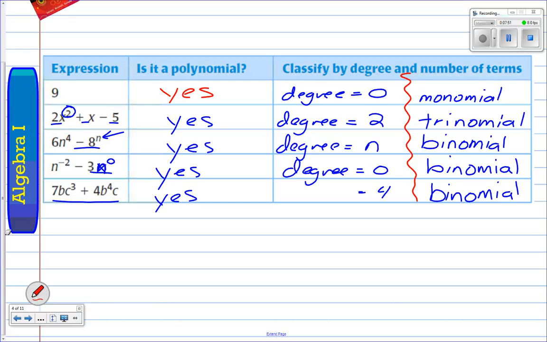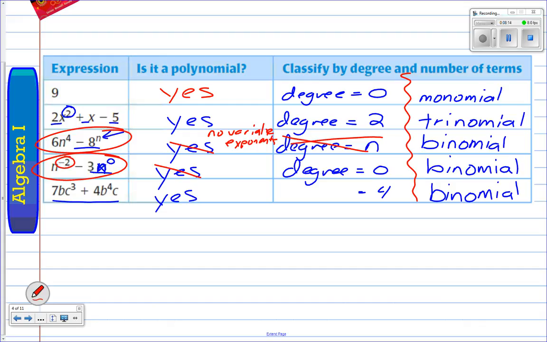Now I need to backtrack a little bit. We said that these 2 were polynomials. No, that's actually wrong. I did not mention another caveat or an exception to what a polynomial is. This has a variable exponent. You can't have variable exponents. Okay.